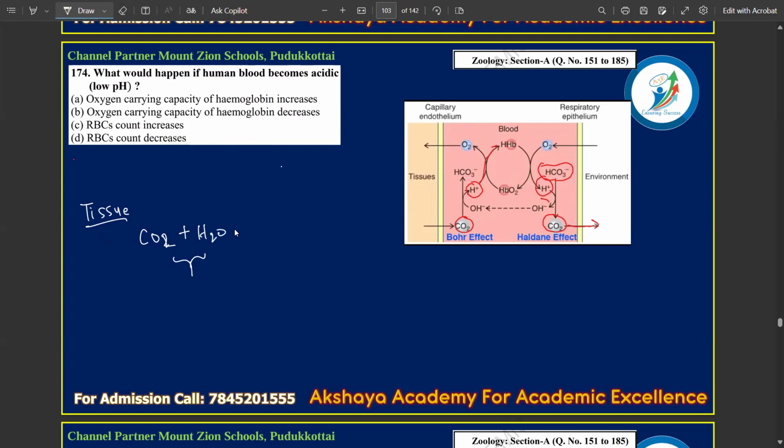So carbonic acid will be generated, and carbonic acid will break into bicarbonate and protons. Now these protons bind with the hemoglobin, whereas the bicarbonate goes dissolved as sodium bicarbonate or potassium bicarbonate.